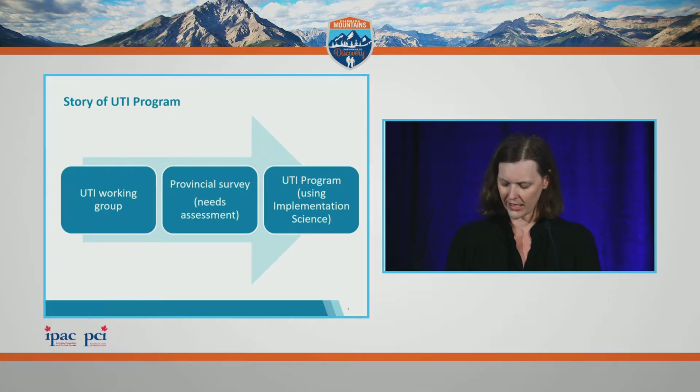This was completed back in 2013, and it provided incredibly useful information on current practice and barriers to practice improvement. It was also noted through this survey that up to 80% of the long-term care home residents with asymptomatic bacteriuria were treated with antibiotics.